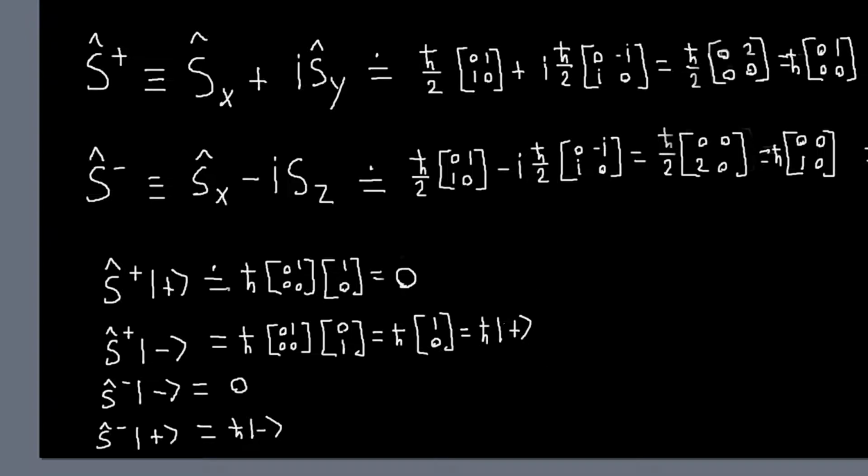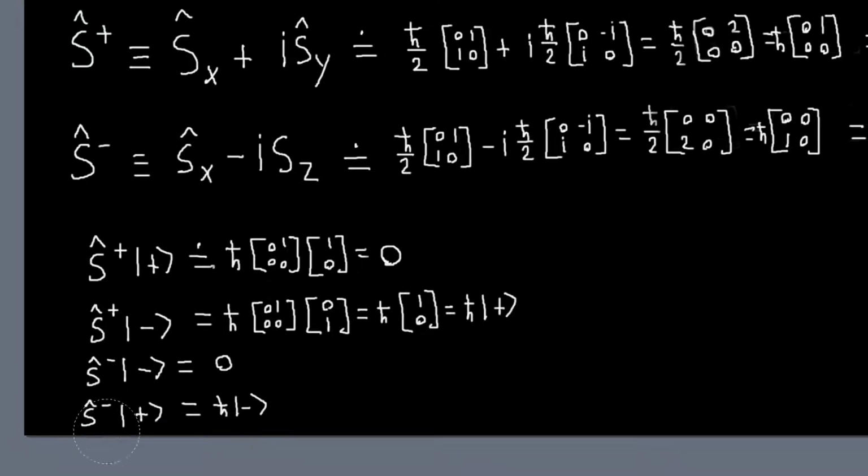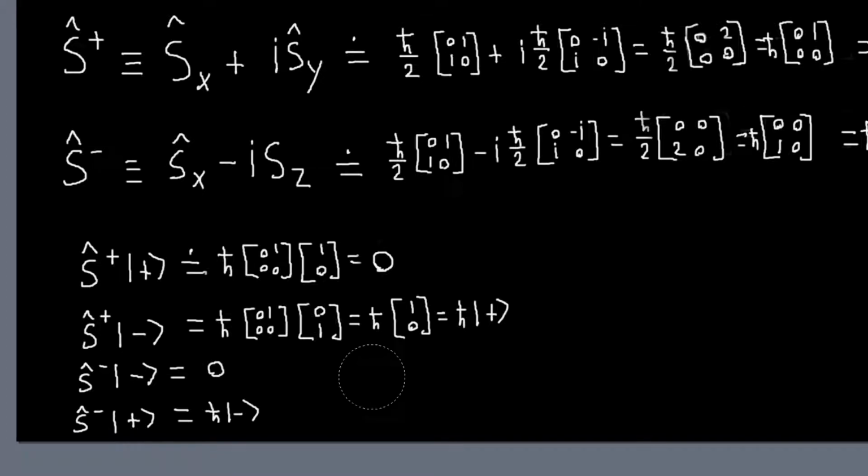We also get an h bar, but that's whatever. Similarly, if I act S minus on the plus state, I will get an h bar times the minus ket. So the lowering operator has got me to a state where the z component of the angular momentum is less, whereas the raising operator gets me to a state where the z component is more. Obviously, since there are only two states, it's simple how it works out.